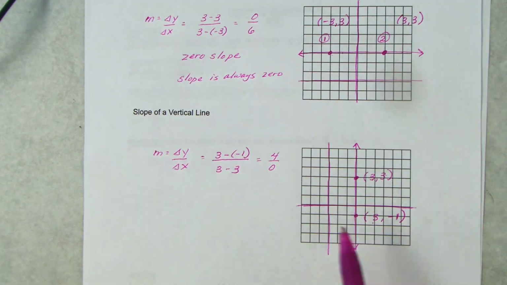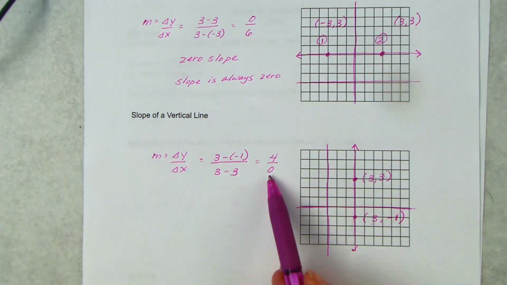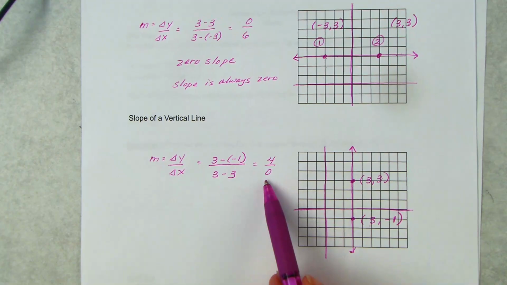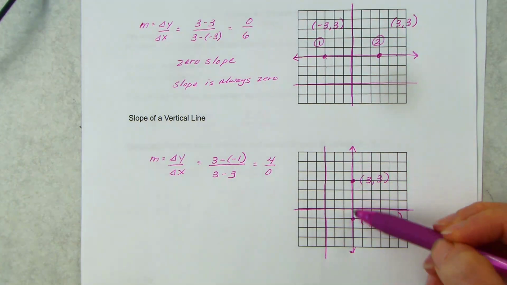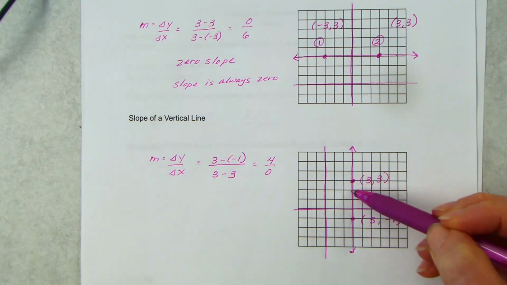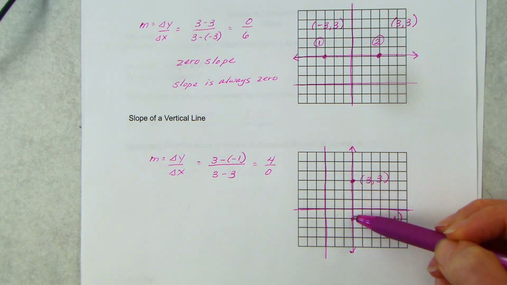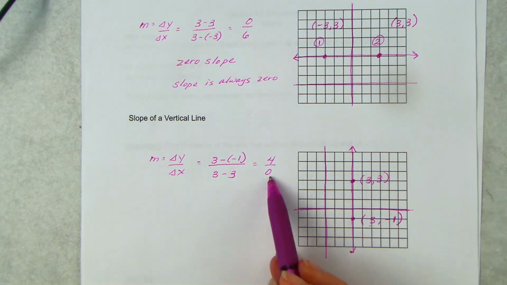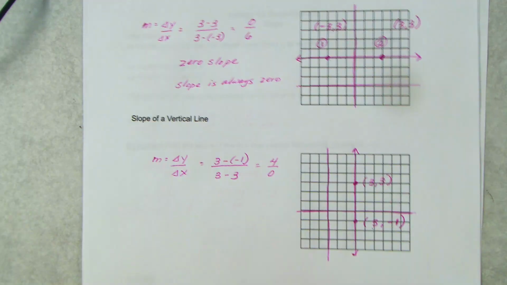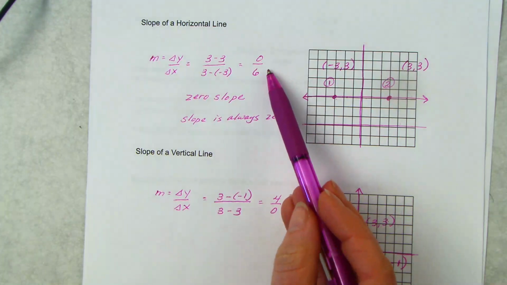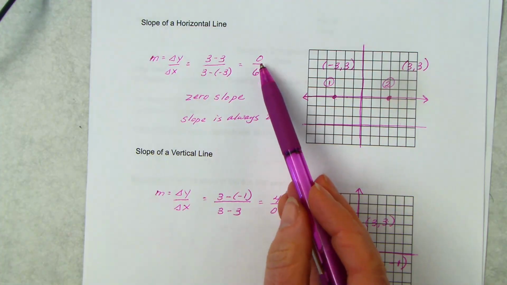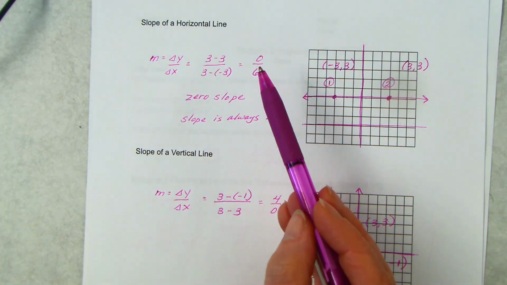So this time, the 0 ended up in the denominator instead of in the numerator. And that will always be true, that no matter where I am on this vertical line, my x value is going to be the same. So when I subtract it, I'm always going to end up with 0. 0 divided by 6 is 0.